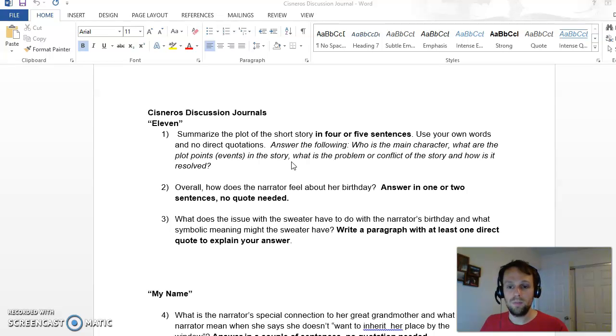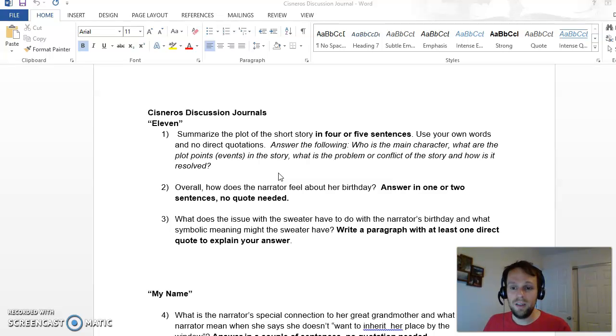What is going on with this character? Which other character is our narrator in conflict with, and why? And then at the end, what's the resolution? In other words, how does it turn out?